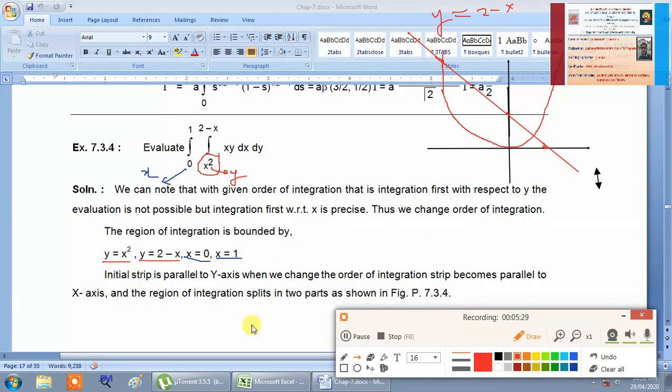So what we get is, I am going to write here. If you put y is equal to x square, we get x square is equal to 2 minus x.